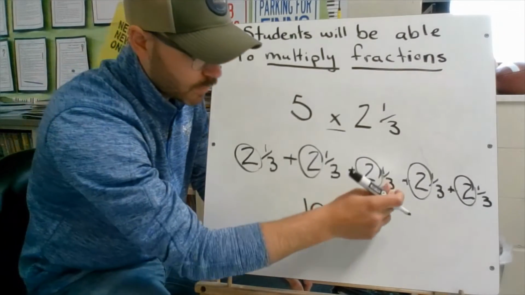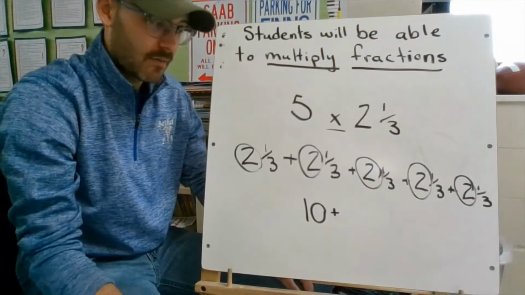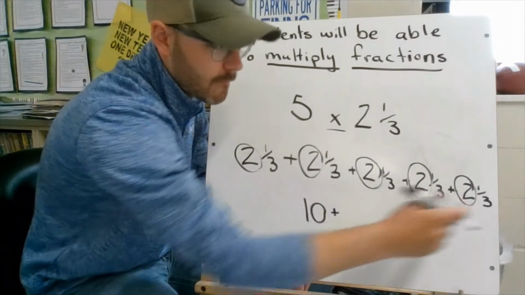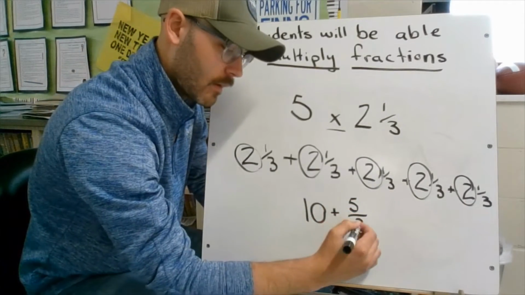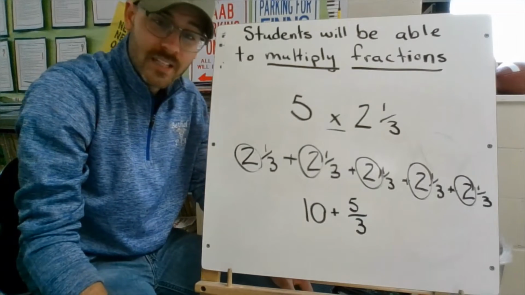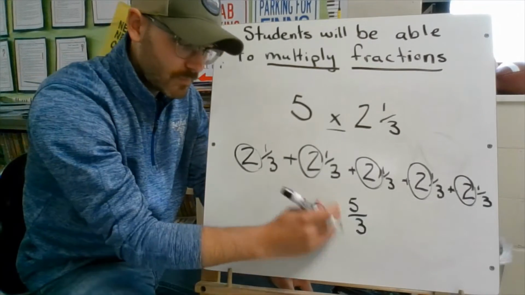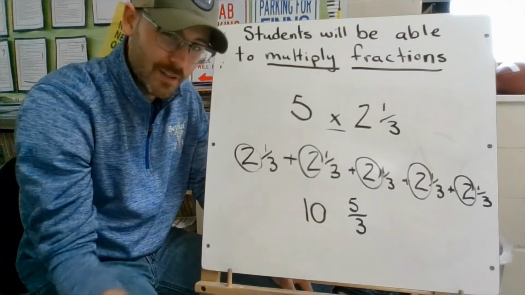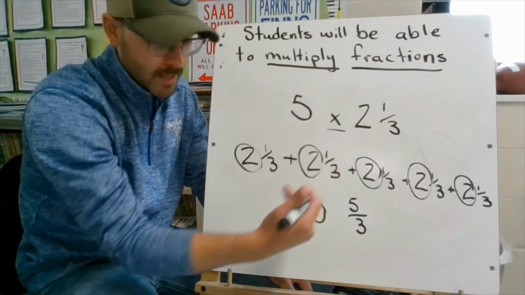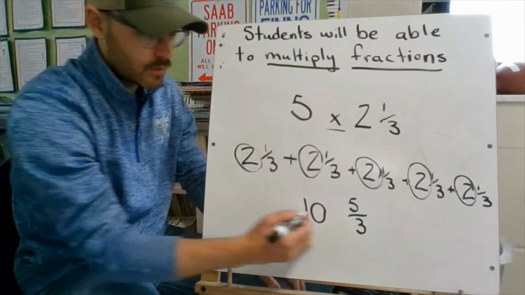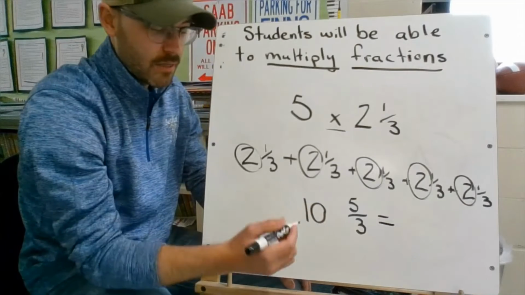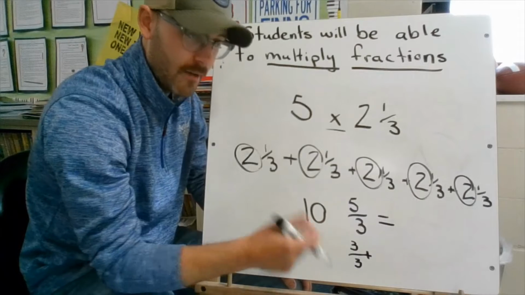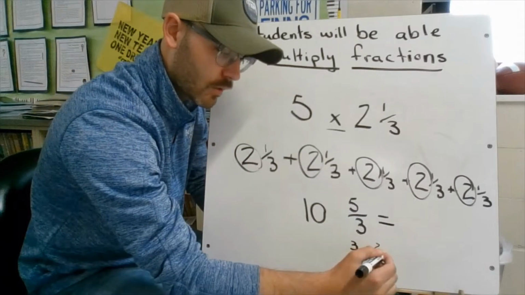1/3 plus 1/3 plus 1/3 plus 1/3 plus 1/3. That's like 5 times 1/3, or 1/3, 2/3, 3/3, 4/3, 5/3. You could have the answer 10 and 5/3, but like I like to say, when you have an improper fraction where the numerator is bigger than the denominator, you have to divide or make it back into a mixed number. 5/3, 3/3 would be 1 whole, plus how many extra thirds do I have? 4/3, 5/3 would be 2 extra thirds.